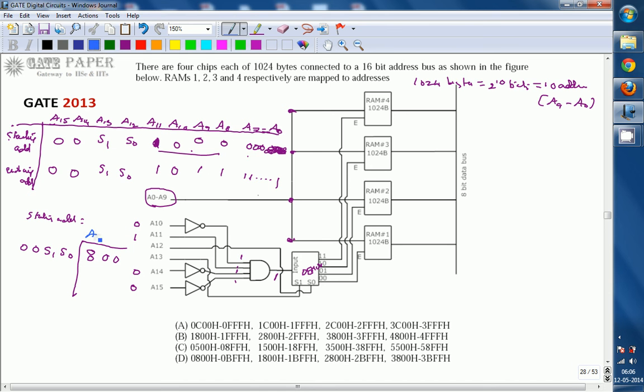These are nothing but A11 to A0, and these are A15 to A12. So this is A15, A14, A13, A12. Okay, so 00 S1 S0 are bits, whereas 800 are in the hexadecimal form, A11 to A0.